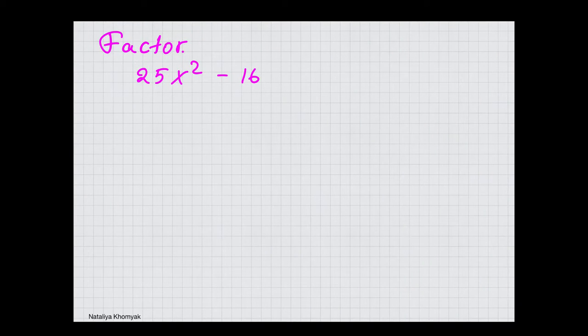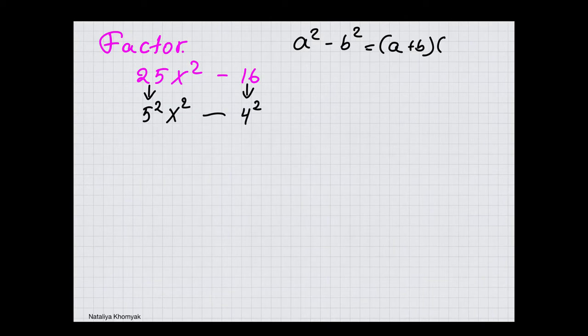Let's factor this one. So the first step to do is rewrite everything in terms of second powers. So 25 can be rewritten as 5 to the second, x squared stays the same, minus 16 is 4 times 4. a squared minus b squared is equal to a plus b times a minus b.